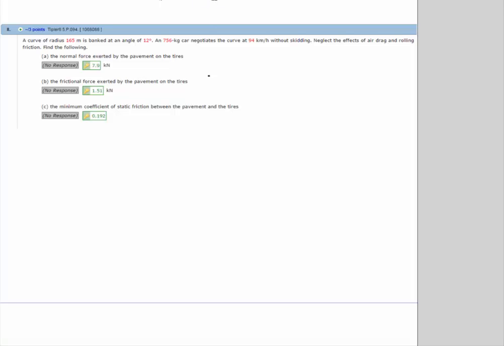Alright, I know I keep coming back to this, but all these problems are based upon good free body diagrams. If you draw that, you're not going to have any trouble whatsoever getting these problems right. If you don't draw them, you're going to struggle and you're not going to get the right answer. So watch this. I'm going to draw the car first, just make a quick little sketch.